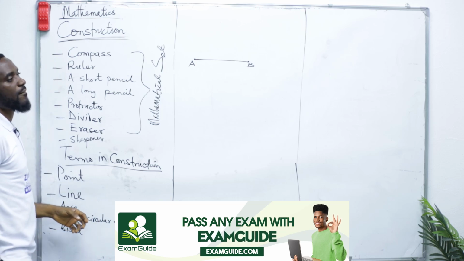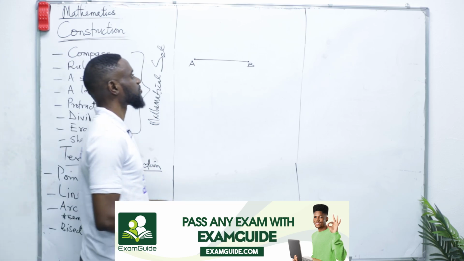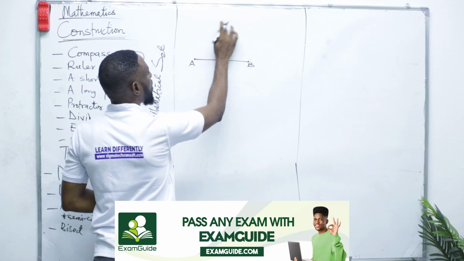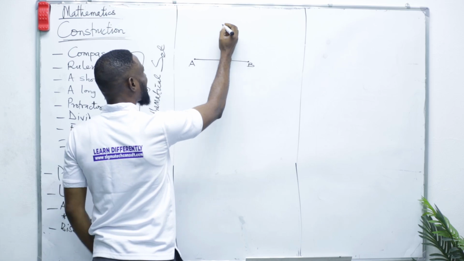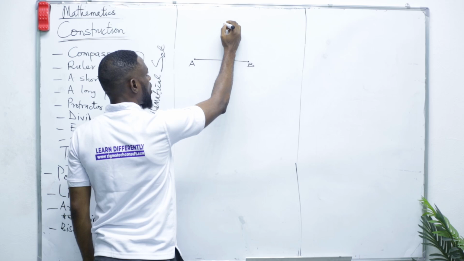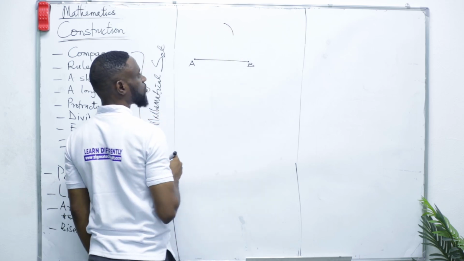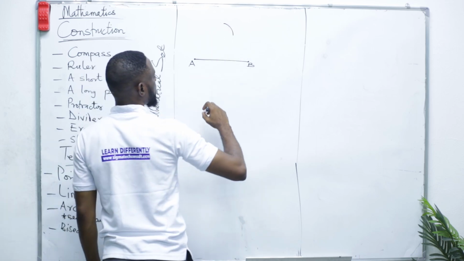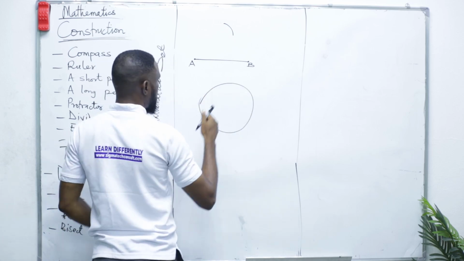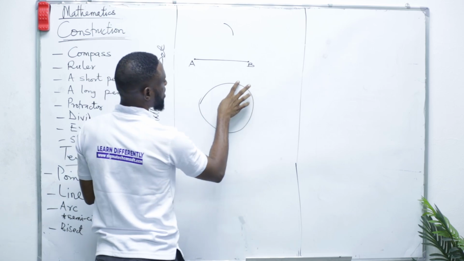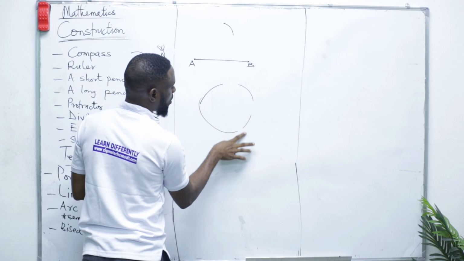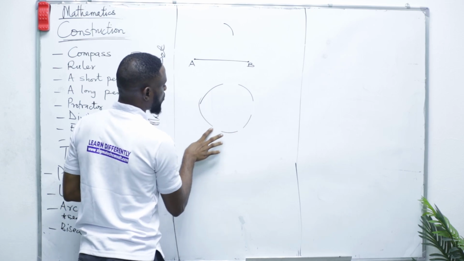Then we have an arc. An arc is cyclic, because it's in the family of circle, it's a cyclic stroke. If this is our circle, and we take out this part of the circle, let's say we break this circle like this.